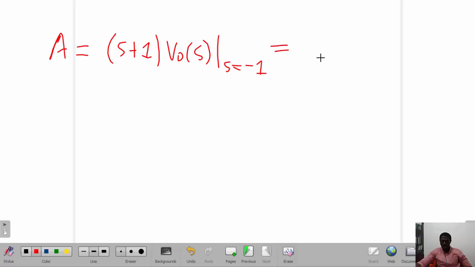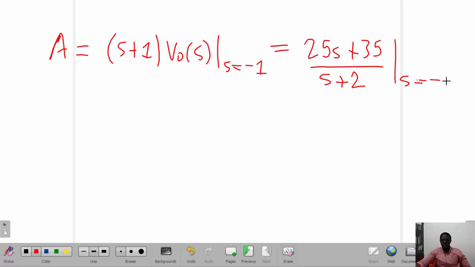This should give us 25s plus 35 divided by s plus 2. We take s equal to minus 1, and we obtain 10 over 1, which is simply 10. So A in this case is equal to 10.